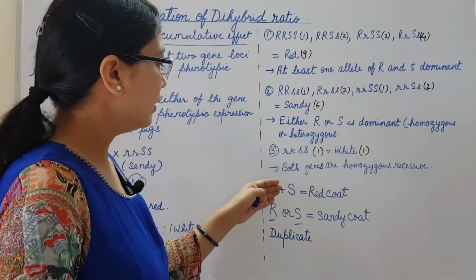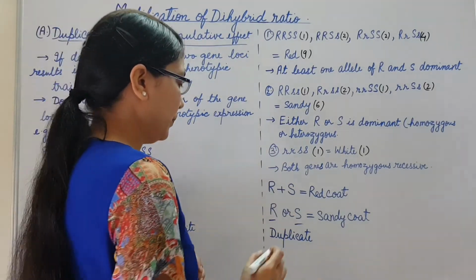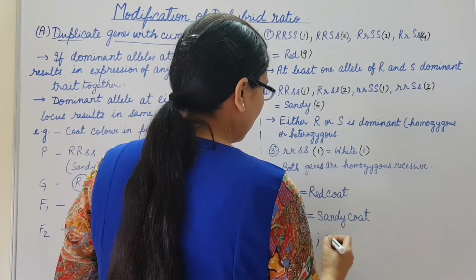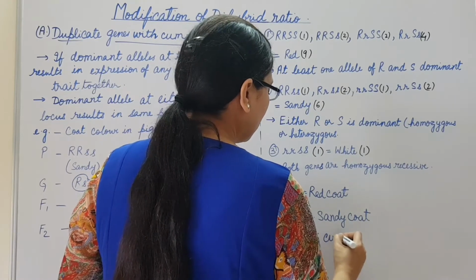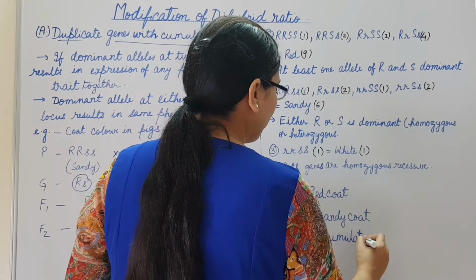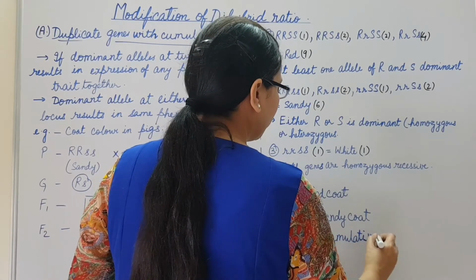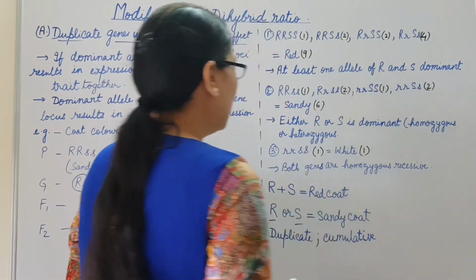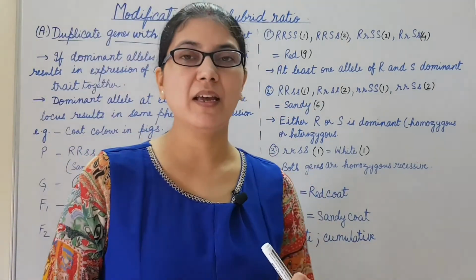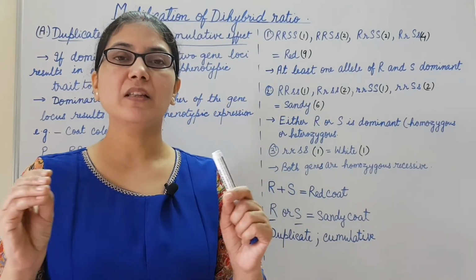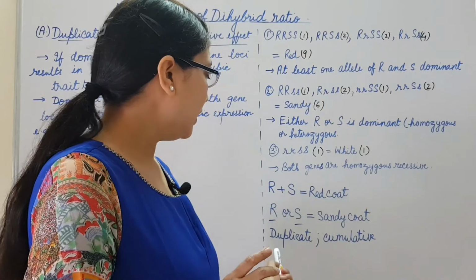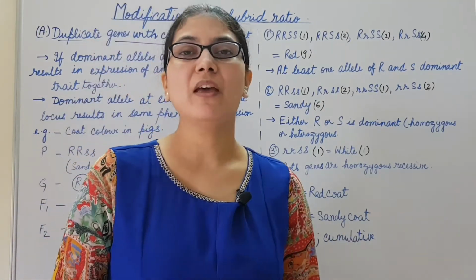And when these are present together, they produce the red coat color. So these show the cumulative effect when present together. Hence the dominant R and dominant S alleles present at two different gene loci are known as duplicate genes with cumulative effect.